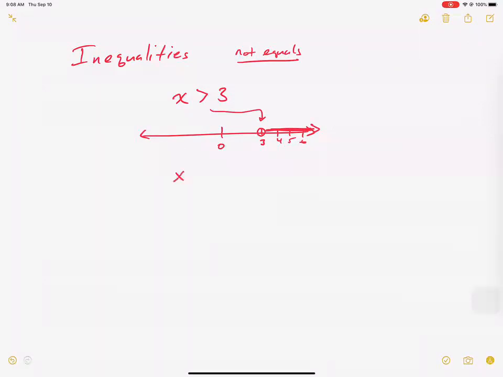A slightly different answer, if I write x is greater than or equal to 3, we mentioned that this graph looks very similar to our strictly greater than, except at 3, we do a solid bubble. And that was a big difference because now we could be equal to 3.